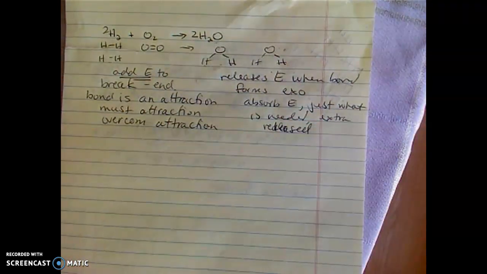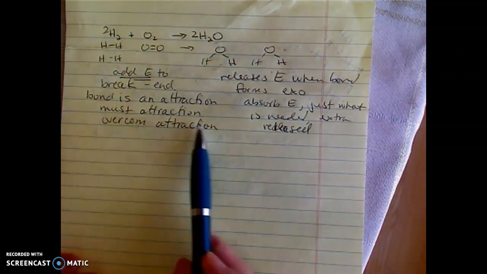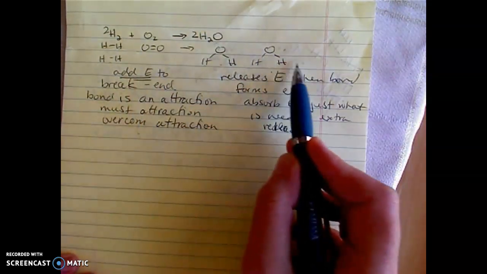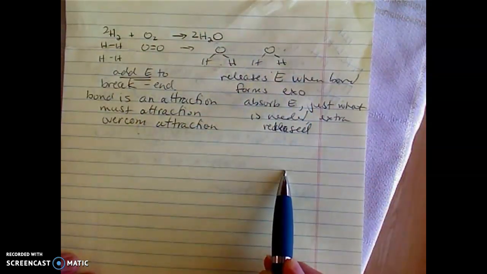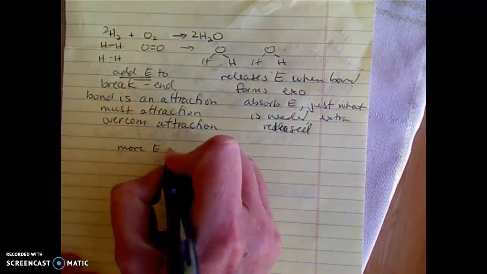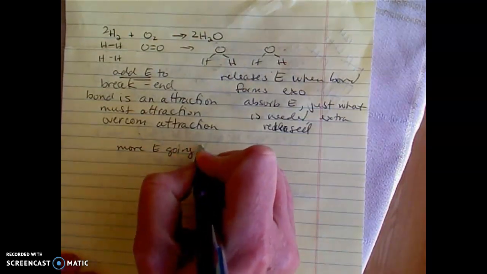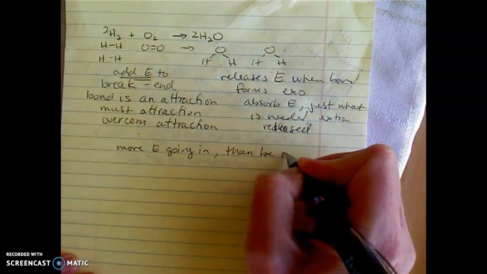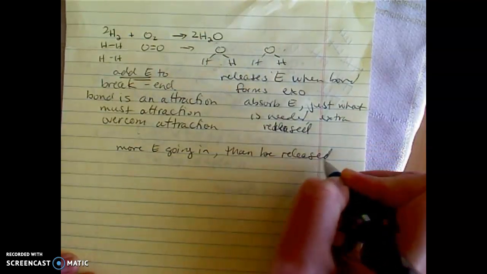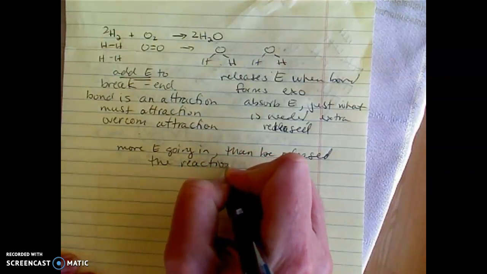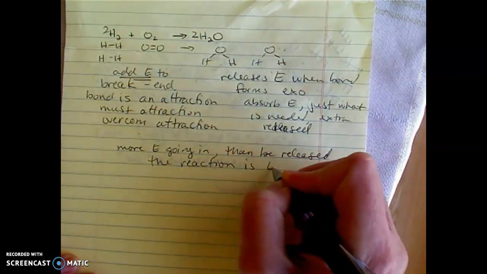Okay. Now, as a whole, we need to look at the energy involved in the whole reaction. So you've got energy going in, and then you've got energy coming out. Now, if you have more energy going in than being released, the reaction itself, total, is endothermic.